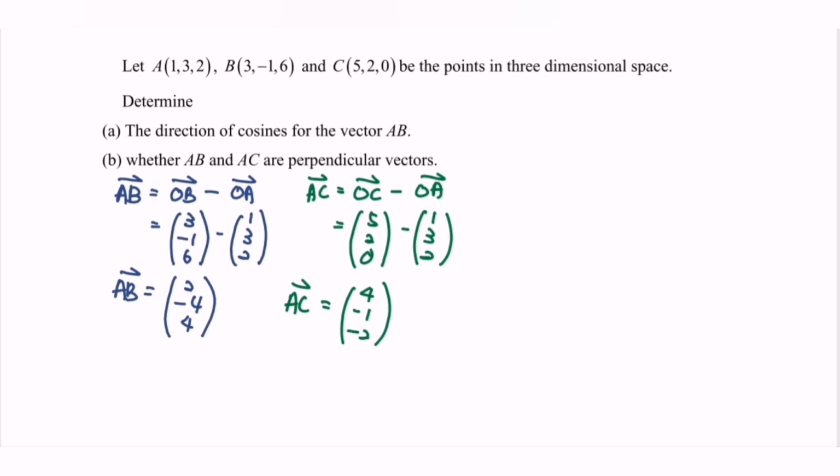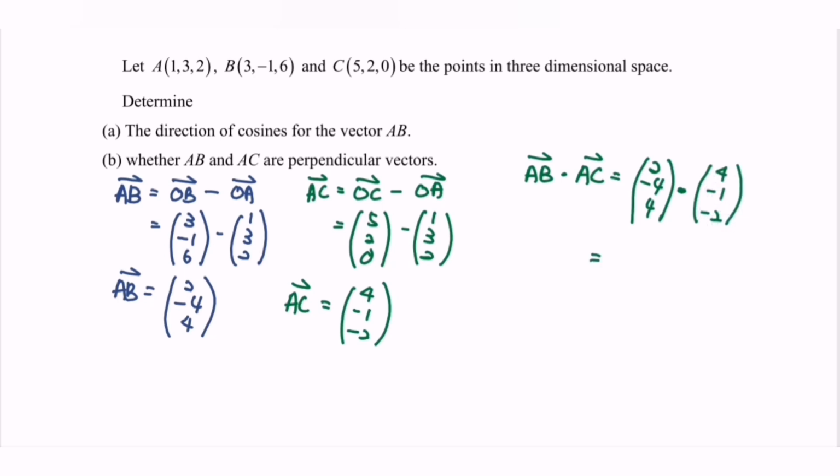Next, we have to determine whether AB and AC are perpendicular vectors or not. Kindly refer to vector AB dot vector AC. The vector AB is 2, -4, 4, dot vector AC, 4, -1, -2.